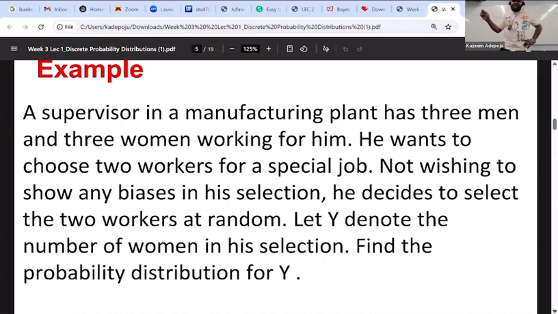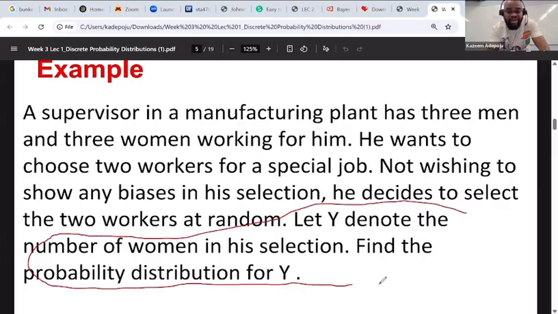Now, let Y denote the number of women in his selection. I need you to pay attention. We normally define our random variable. In this question, the question is already telling you what the random variable is.